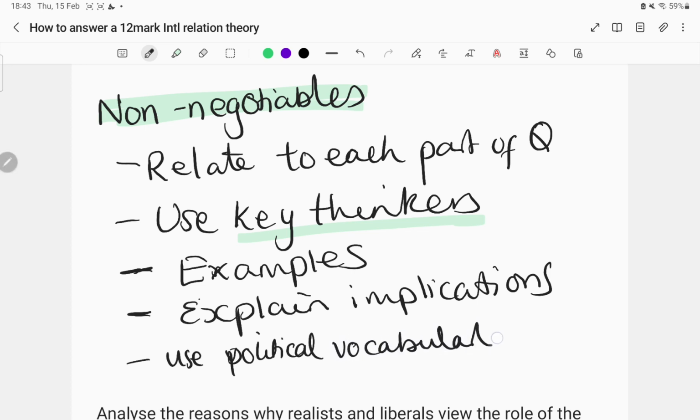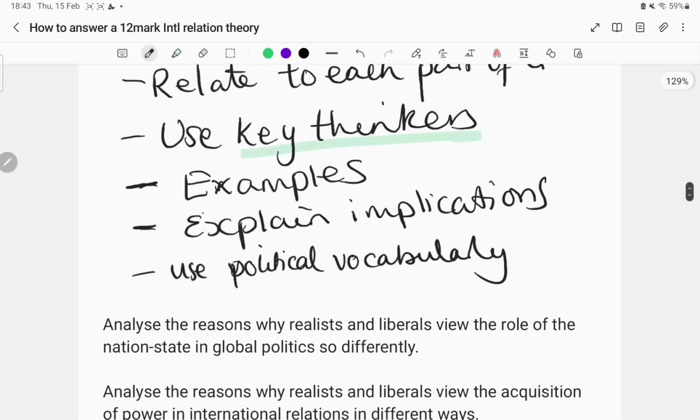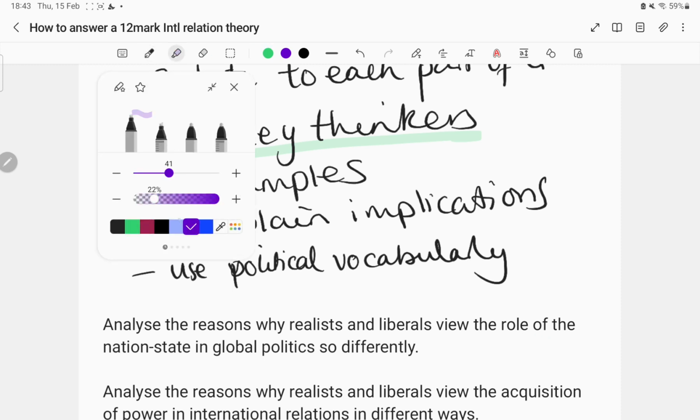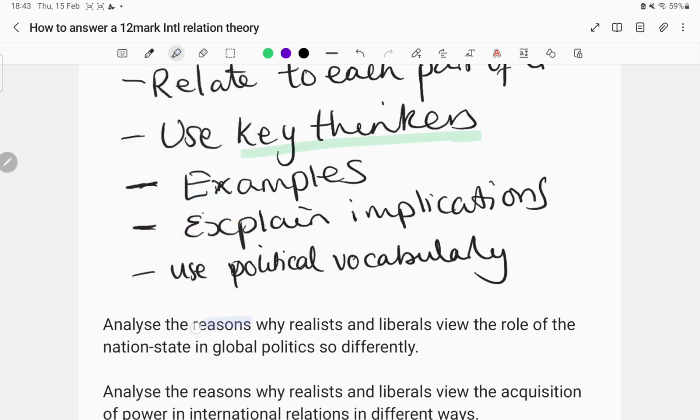Now I've got a couple of examples here, and I'll just quickly talk you through these. So in this question, it says, analyze the reasons why realists and liberals view the role of the nation state in global politics so differently. So this is what I would say is quite a straightforward question. You would have three different reasons why they view nation states in global politics differently.